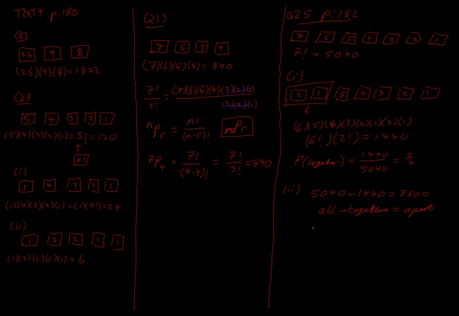If we look at our probabilities, the probability of the twins being apart would be equal to 3,600 over 5,040. When we put that into our calculators, we get 5/7.